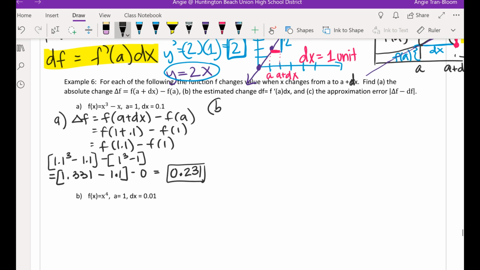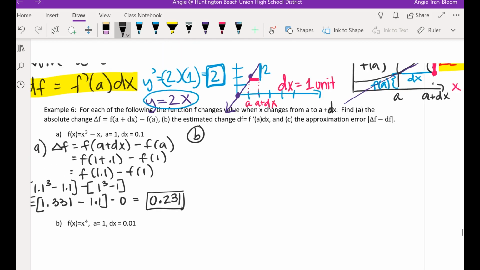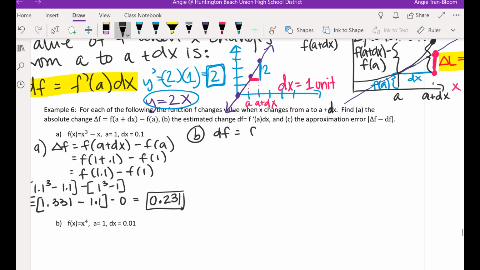Then B, use our approximated change formula, which is the change in y. It's the first derivative at a times the change in x. Well, let's do the first derivative then. The first derivative is y prime equals 3x squared minus 1. Then your x is evaluated at 1.